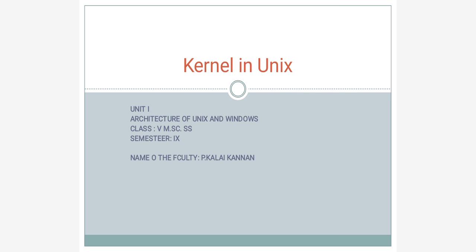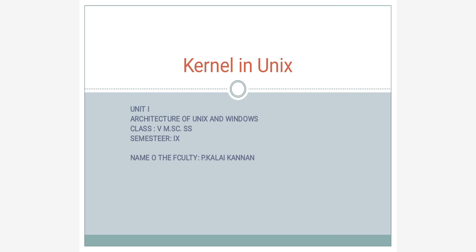The kernel acts like an internal core of your operating system. This internal core consists of various main systems and subsystems. Using these main systems and subsystems, we are going to control the entire operations of your operating system.